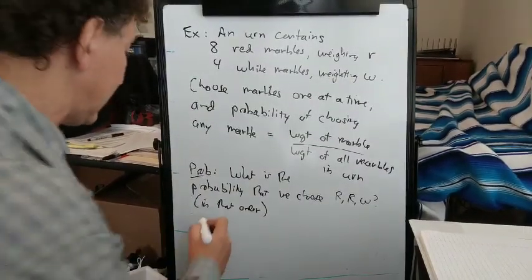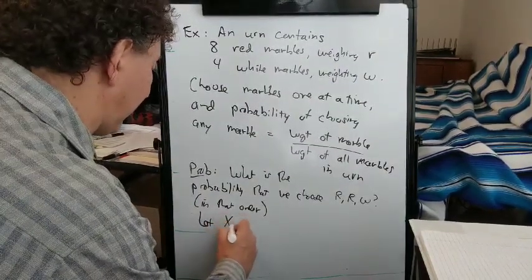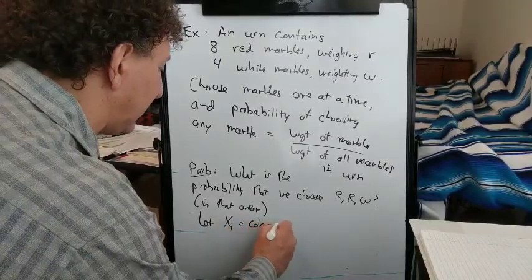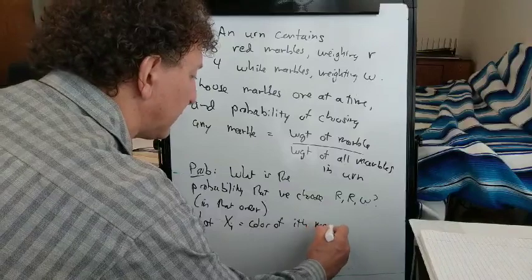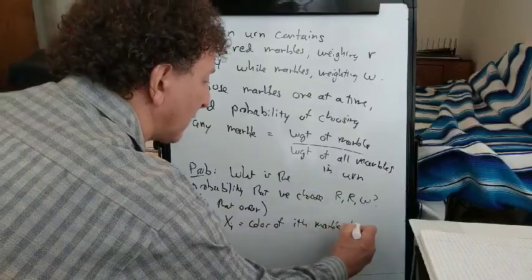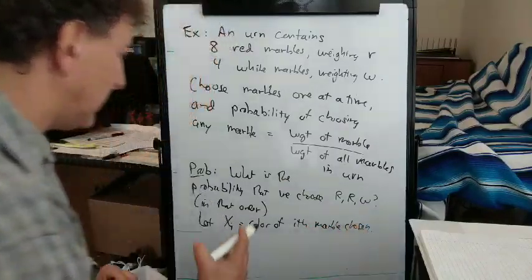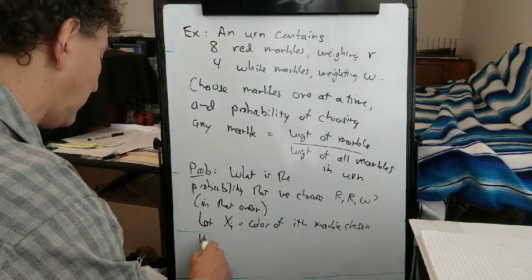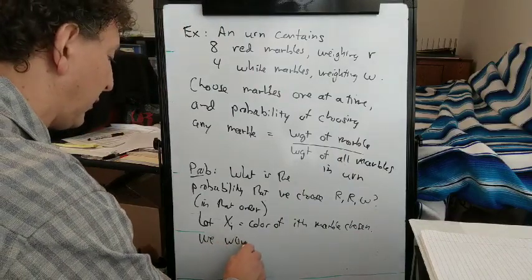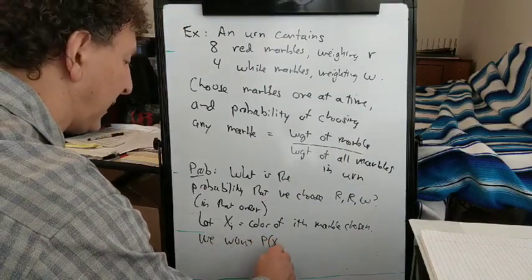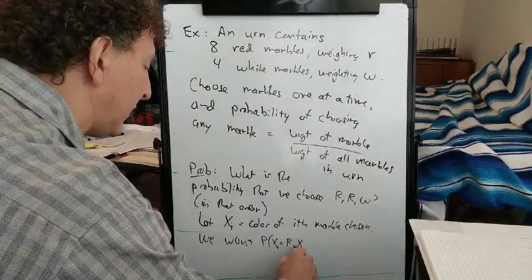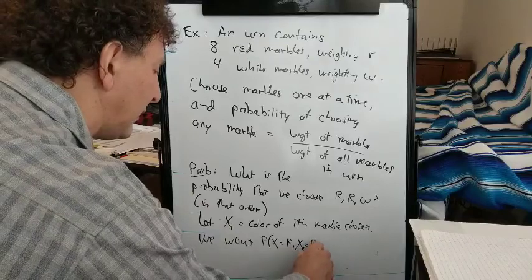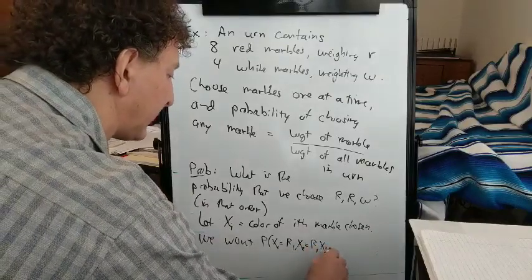So let xi be the color of the ith marble chosen. Then we want the probability that x1 is red, x2 is red, and x3 is white.